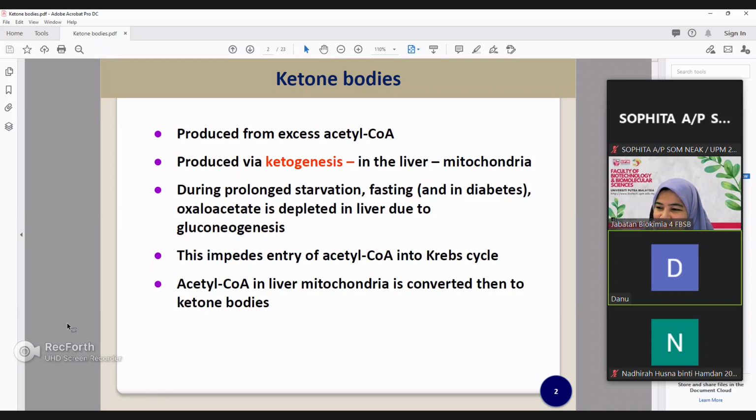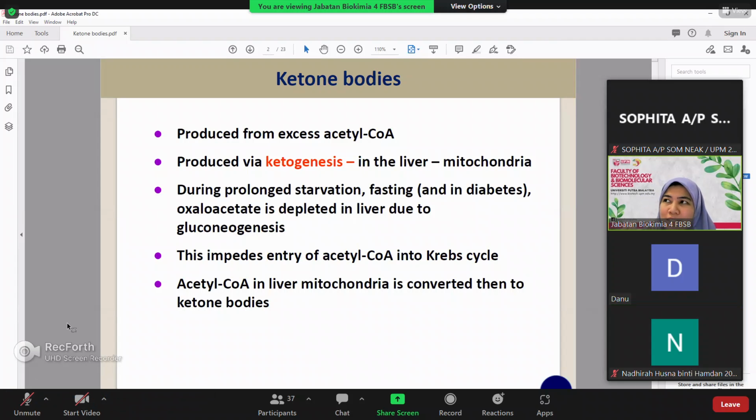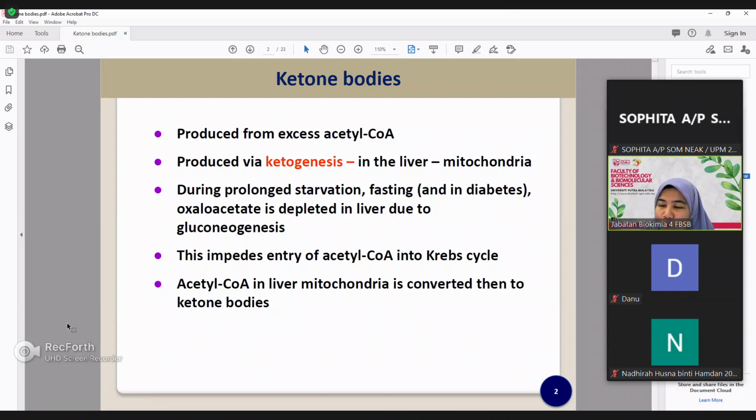So kita ada. Keto diet. Okay, so what is the diet? In terms of your nutrients, what is keto diet?